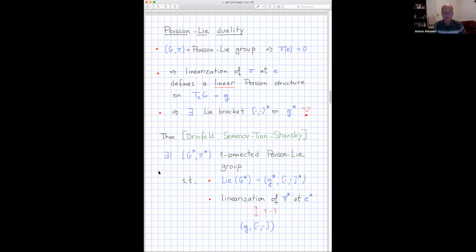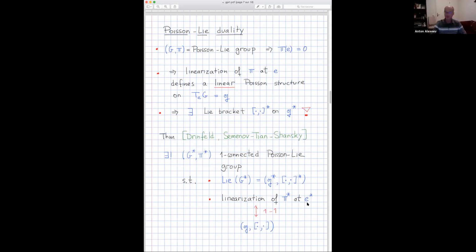So there is a unique connected and simply connected Poisson-Lie group, let's call it G star, pi star, such that its Lie algebra is this g star with bracket star, and the linearization of this Poisson bracket at the group unit of G star, by symmetry, should define a Lie structure on g, the dual of the tangent space at the group unit of G star.